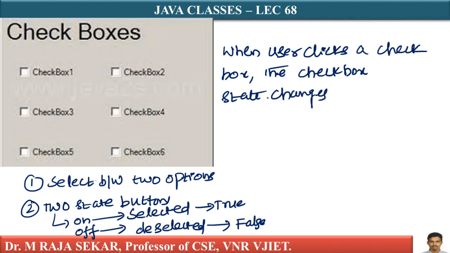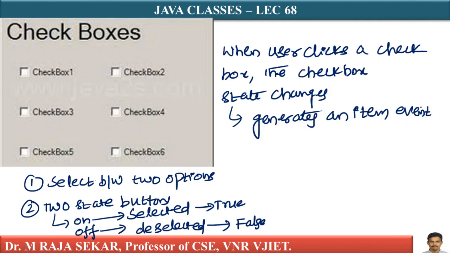How many states are there for checkbox? As I told you, there are two states. One is on state and another one is off state. When a user clicks checkbox, the checkbox state changes and it generates an item event. We will try to understand how it works with the help of a simple Java program.